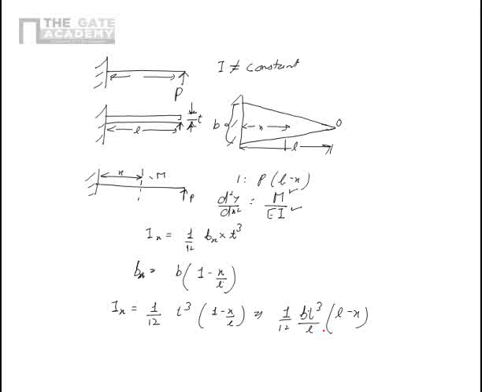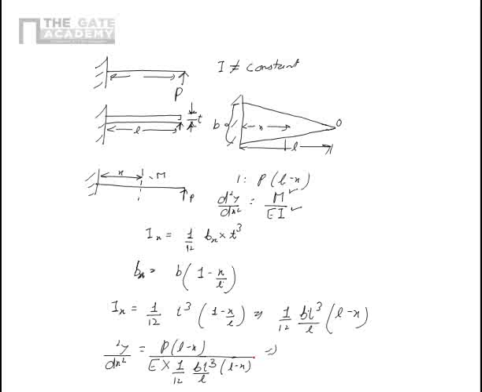Now I feed in this value in the equation, I get d²y/dx² is equal to M upon EI, where M is P(L minus x) upon E into the equation of Ix, which is 1/12 bt cube by L into (L minus x).